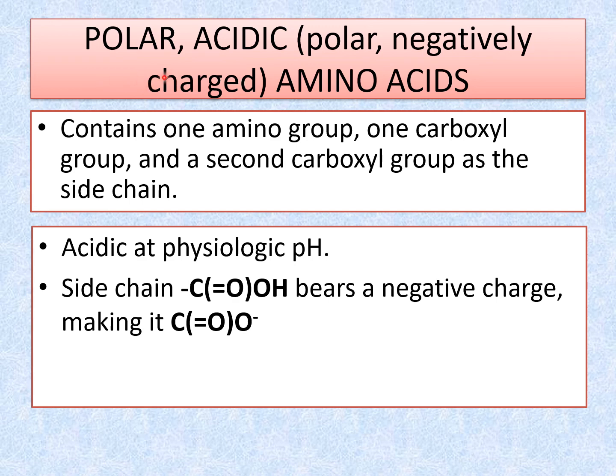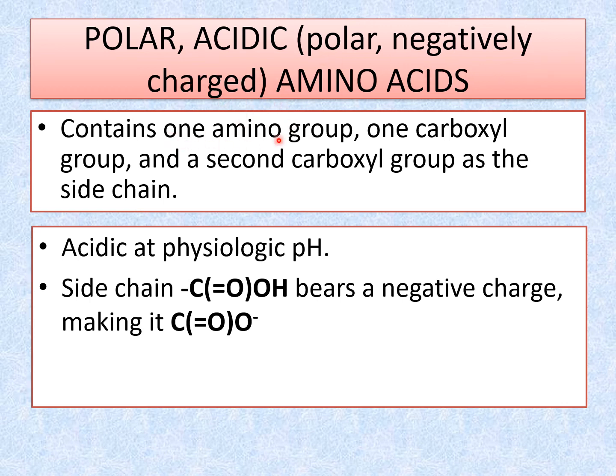We have polar acidic amino acids. They're acidic because they contain another carboxyl group in their side chain. And we know that carboxyl groups tend to carry negative charge in their structure.